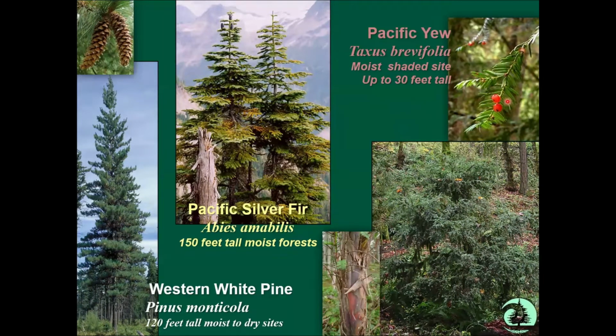And it does get this red berry, which is poisonous to humans, but wonderful for the birds. It has a pointy tip on the needle. It's just slow growing. It's just really neat when you can come across a yew tree. They're not real prolific, but they're out there and they are so slow growing. They're one of my favorite trees.